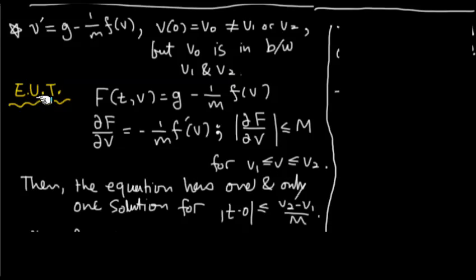And again, in that theorem, this number m is used in the following sense: the equation has one and only one solution in this setting if t remains in between this range. v2 minus v1 came from the range of v values divided by this maximum.